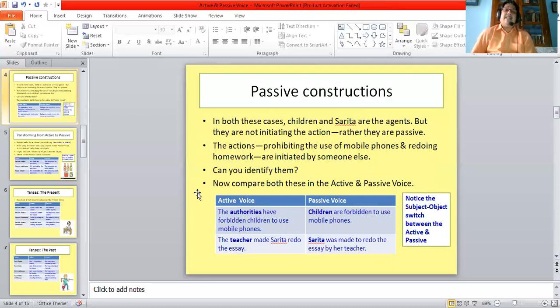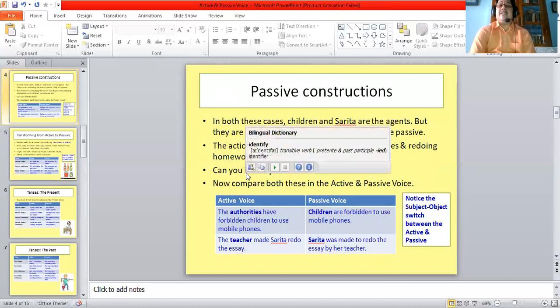And the second one is the teacher made Sarita redo the essay. This is transformed in the passive to Sarita was made to redo the essay by her teacher. So, it's the teacher who has actually done that, and Sarita is the passive agent over here.